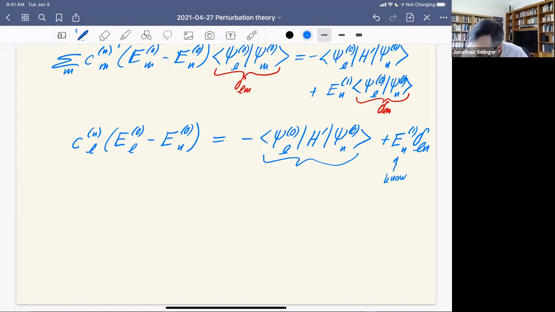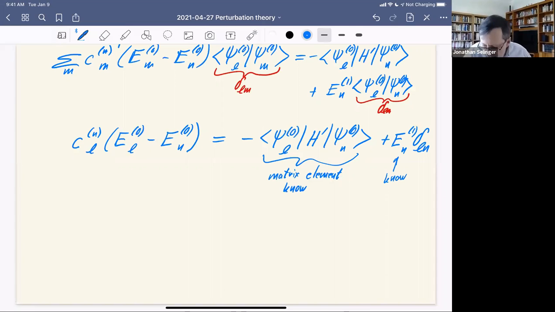This is a matrix element of H prime between the states L and N, the old unperturbed eigenstates, so this is also something that we know, or we could do an integral to find it.